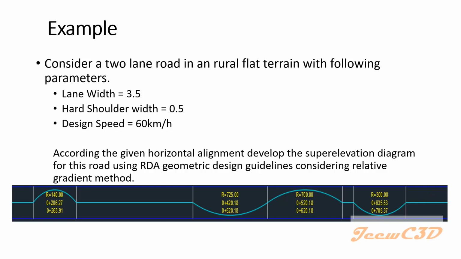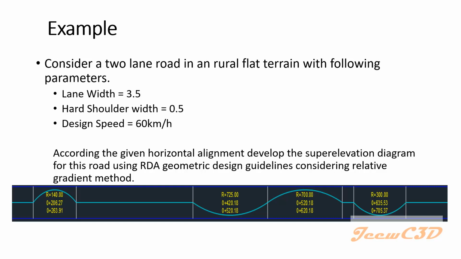It says that this is a rural flat terrain. Since it is a rural flat terrain, you have to memorize that you can't go with super elevation more than 6%. That is what the RDA guideline says.